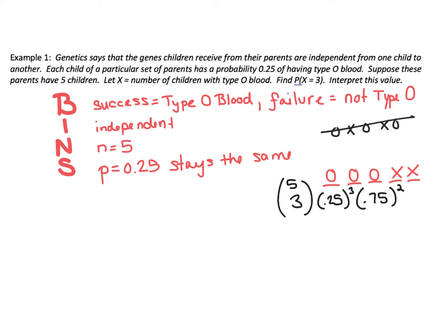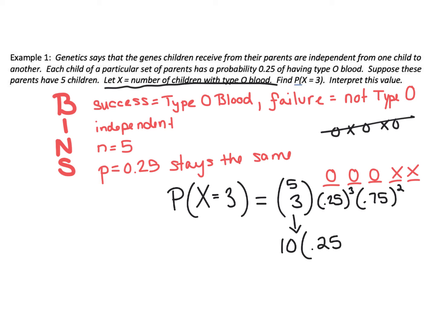And I'm going to write this in proper notation. So I'm looking for the probability that my random variable, which is x, and they told me that x is the number of children with type O blood, is equal to 3. Now notice I didn't put the C this time, just because when you look at the formula, you'll see that they don't do that. So on the calculator, I'm going to figure out a combination of 5 choose 3, and that's 10.